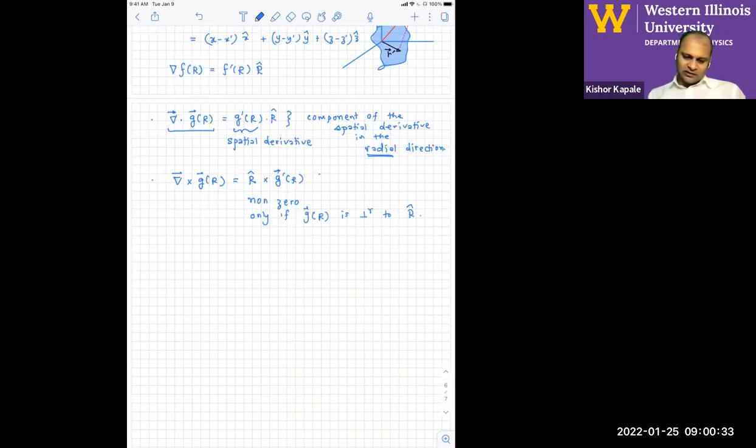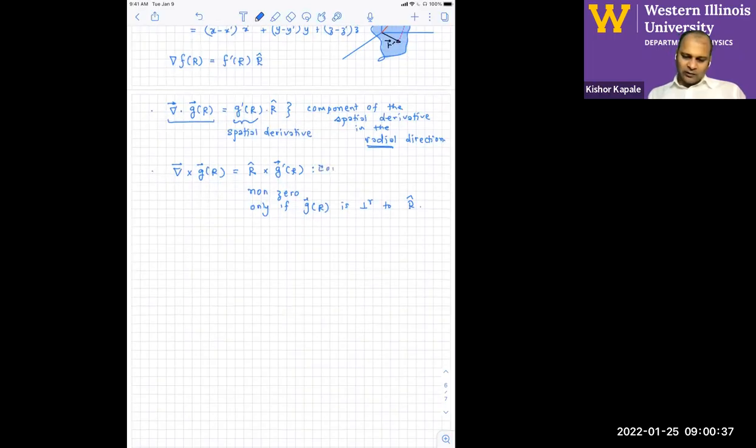So this is the component of g prime of r perpendicular to both r hat and g prime vector itself.